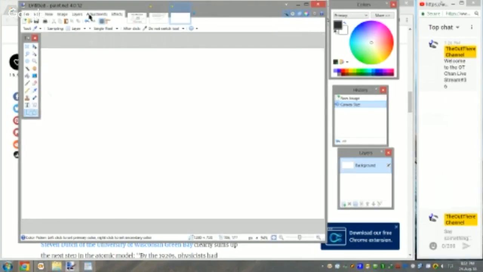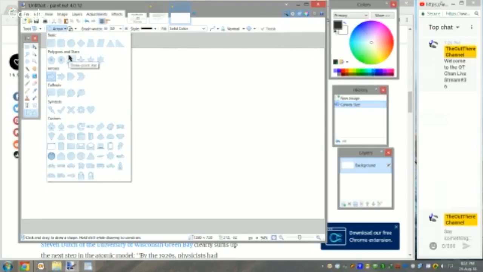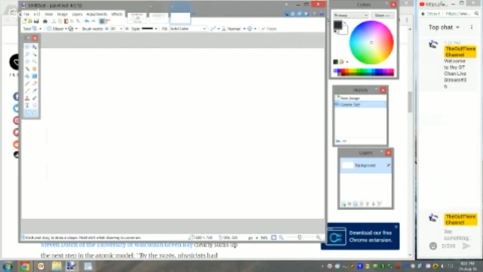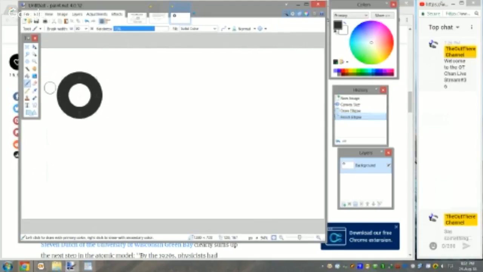So let's try atom again. So Einstein was, was that big? Well, that doesn't matter, I guess. Einstein was talking about curved space, so we draw a cross section.